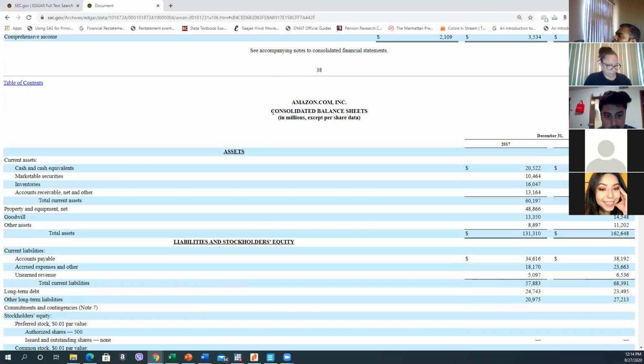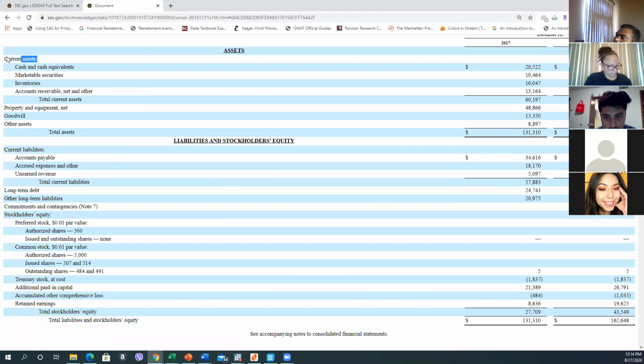Then the consolidated balance sheet. Okay, this company is saying this is a consolidated balance sheet. So we have current assets: cash and cash equivalents, marketable securities, inventories, accounts receivable, net, and others. So total current assets, property and equipment. Okay, goodwill, other assets, total assets, then current liabilities: accounts payable, accrued expenses and others, unearned revenue, then long-term debt.